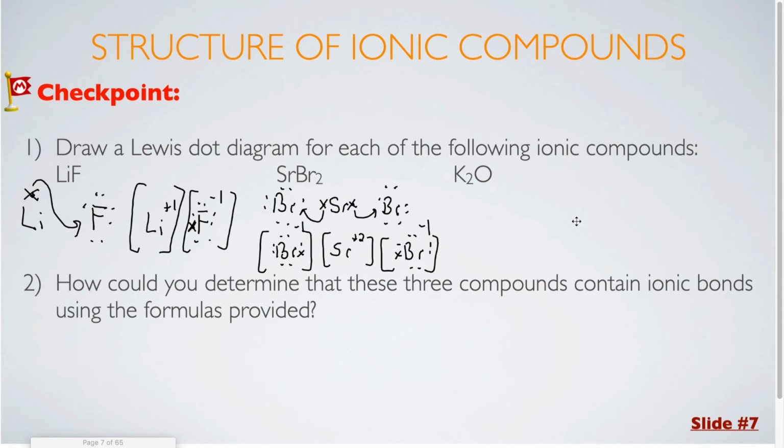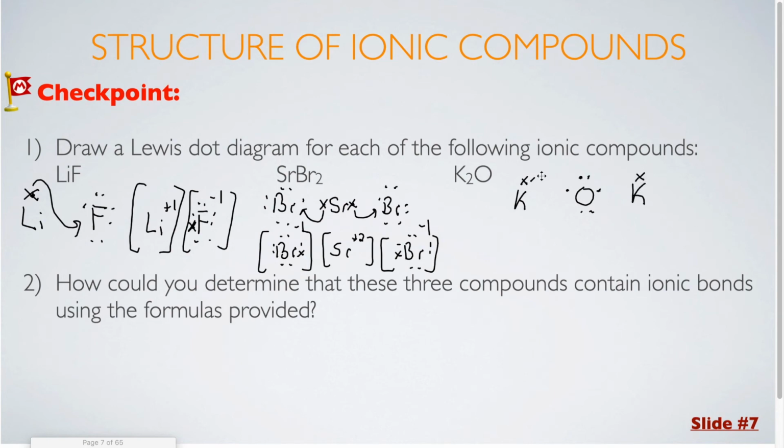In our final example, we have K2O, so we're going to have 2 potassiums and 1 oxygen. The oxygen in the middle is going to have 6 valence electrons. And then our potassium, each one is going to have 1 valence electron. We'll put the X's on the potassium this time.